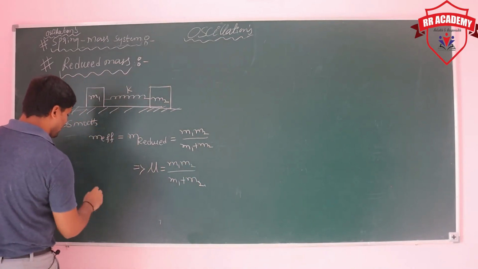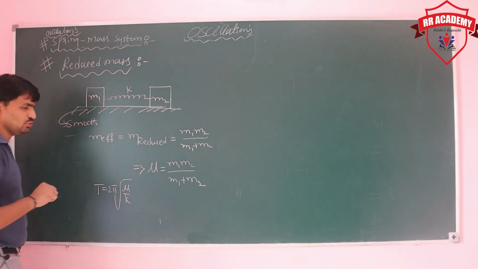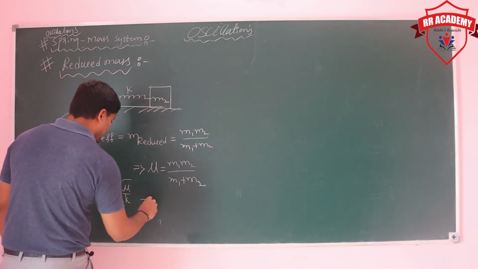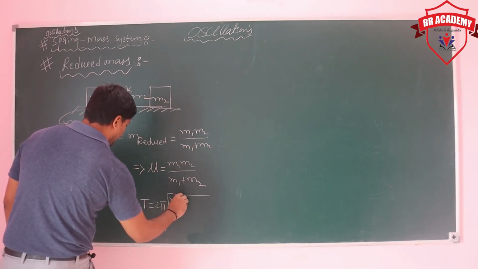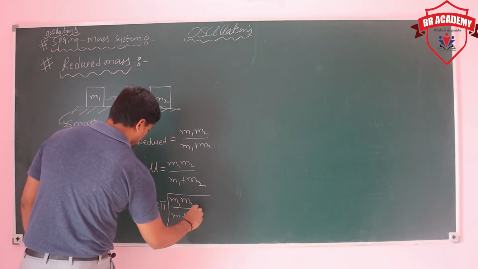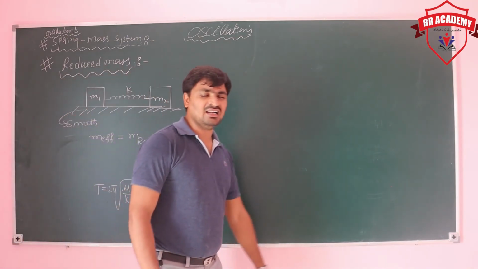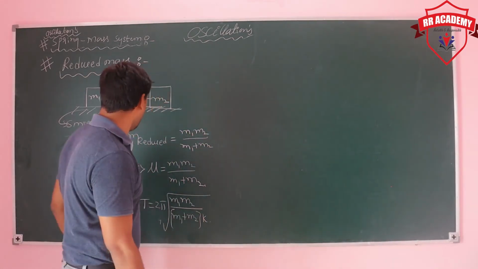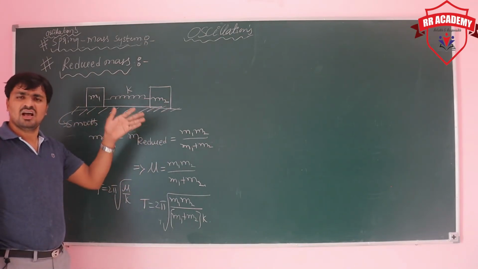Now the time period is 2π√(μ/k). So the total time period is 2π√(m1 m2 / ((m1 plus m2) k)). This is the time period. These masses we simply name as reduced mass. To get this value there is a lot of calculation, which you can do.